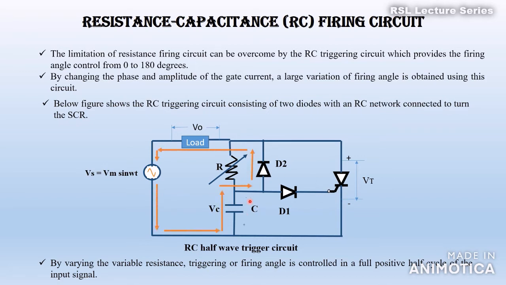During the negative half cycle, diode D2 is forward biased and the capacitor charges. Now during the positive half cycle of the supply voltage, both diode D1 as well as the SCR will get forward biased. Now we'll discuss with the waveform.